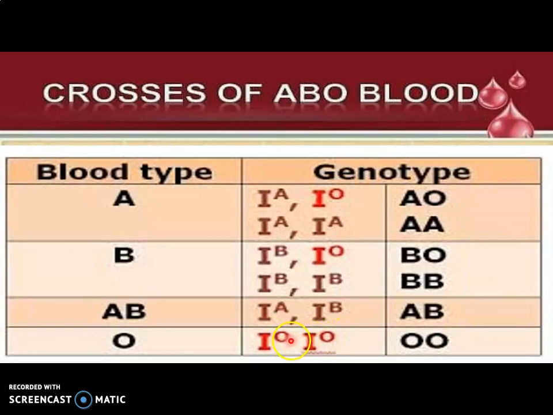If one has blood group O, that means the father must have given out a recessive gene, and the mother has also given out a recessive gene to bring about OO. Just like our last week assignment, you were able to identify that there is possibility of someone who belongs to blood group A to produce a child, a new offspring who belongs to group O, if the person has a heterozygote gene of this O.